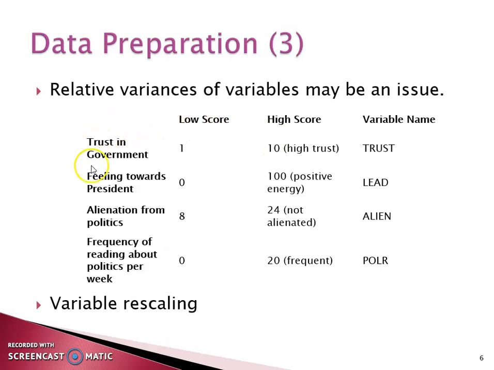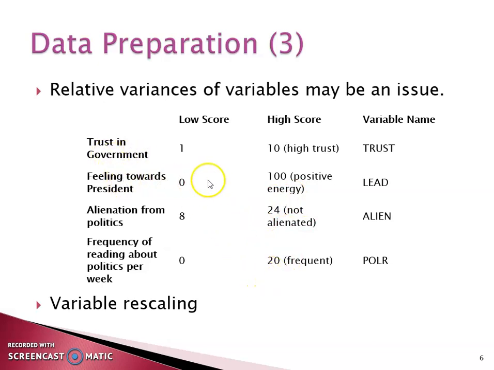This dramatic difference in variable variances may cause problems in your analysis. And one solution is to do variable rescaling. That is, you use linear transformation to change the values of variables that have extremely wide or extremely small ranges, so they can have variances comparable to other variables in the data set.